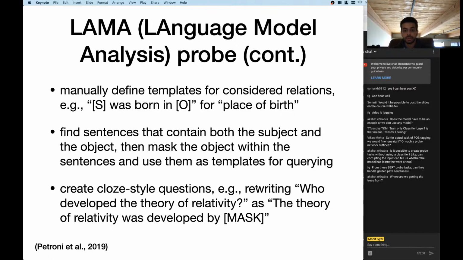And you can also use questions. So if you have a question like "who developed theory of relativity," you can rewrite it as "the theory of relativity was developed by [MASK]," so that you can use this as a prompt to a masked language model like BERT to see if it can produce Einstein there.